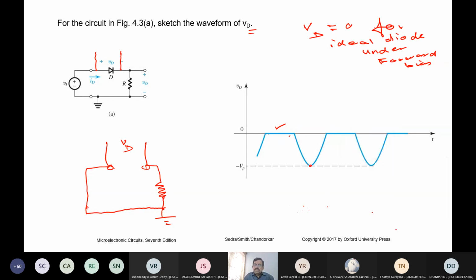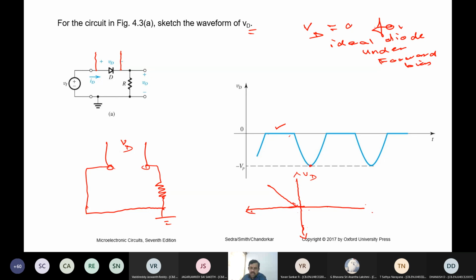There will be an output measured across the diode only when the input is negative, that is during the negative cycle. So only here you will get VD, and across the diode, if I want to measure, I will get it like this.